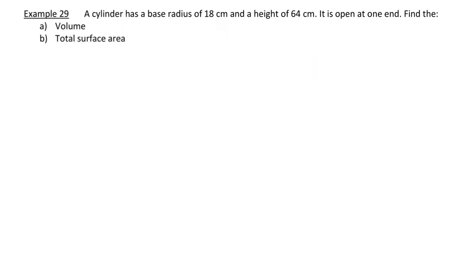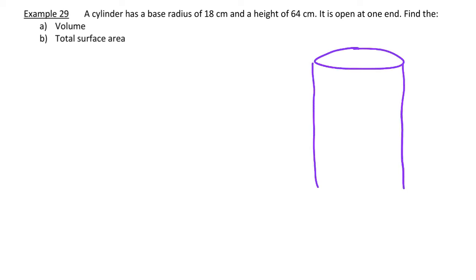Example 29. A cylinder has a base radius of 18 and a height of 64 and is open at one end. Okay, so what we've got is our cylinder. And it has this base, but the top is empty. So it's open at the top only.